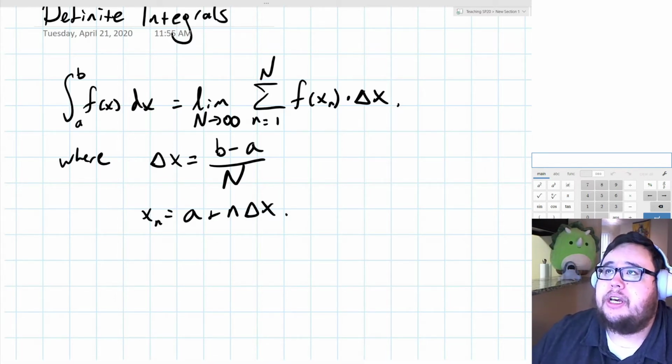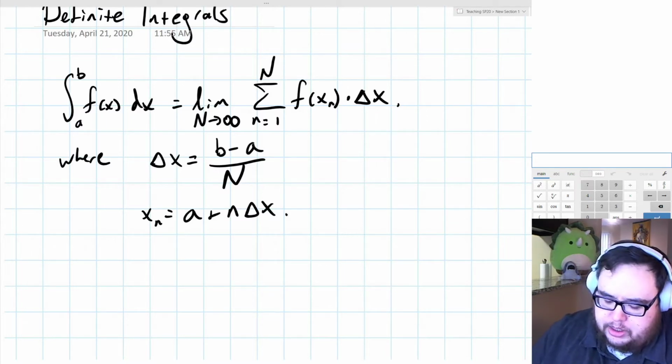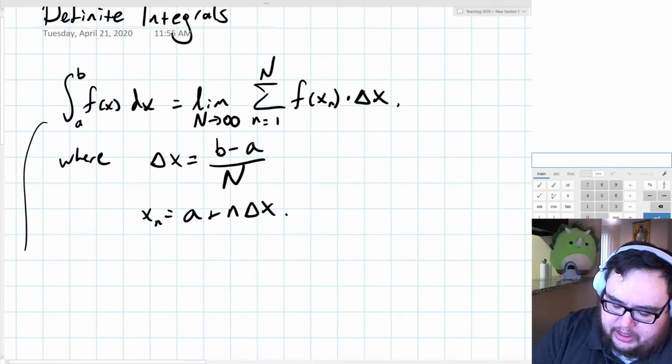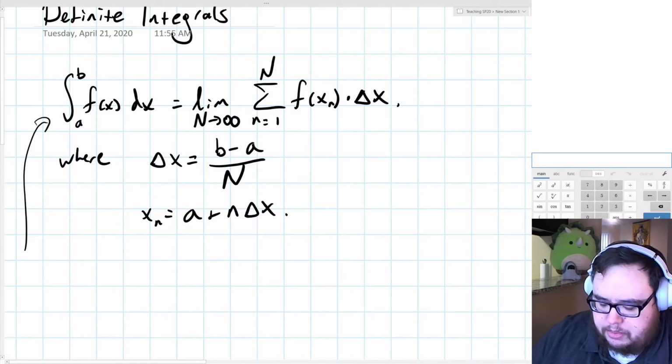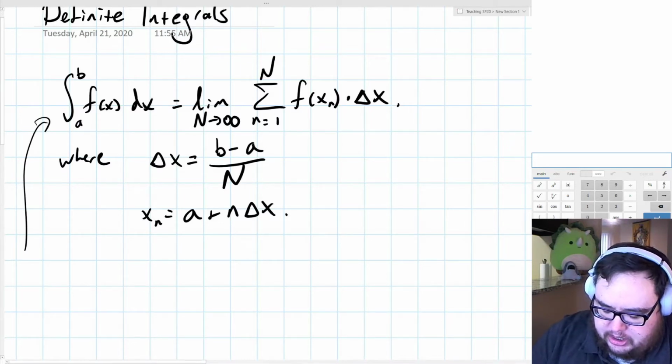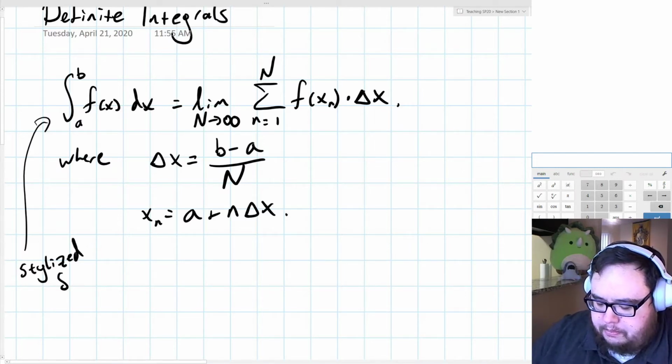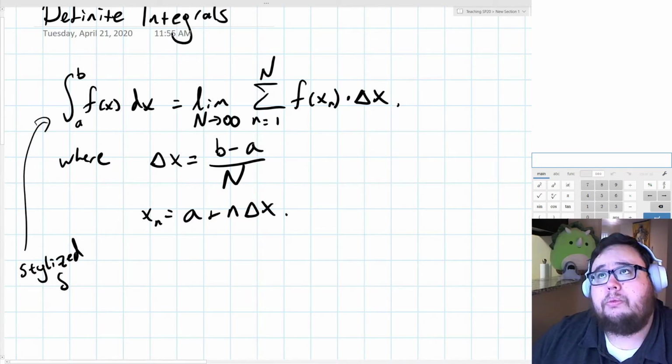That was our way of parameterizing things so that we could make a pretty efficient way of writing out these series. Note that the notation for the integral actually derives from the notation for the sum. This wavy thing here, the integral symbol, is actually a stylized S, from sum, as in the summation, the sigma there, right?